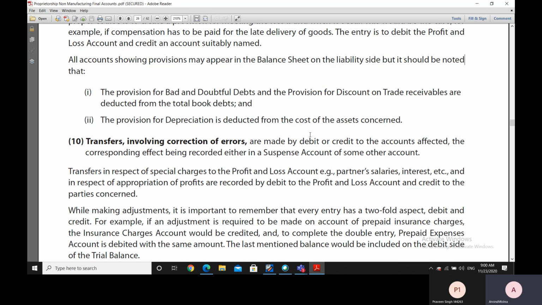For example, if we are debiting an account to make a correction, then either we know which account to credit or we don't. If we don't know, then we put that credit in the suspense account, but otherwise we put it in the account in which we are supposed to put it. Because if we have found the reason for the error, then we will appropriately put the corresponding credit into that account.